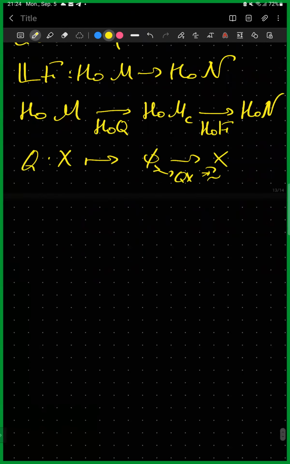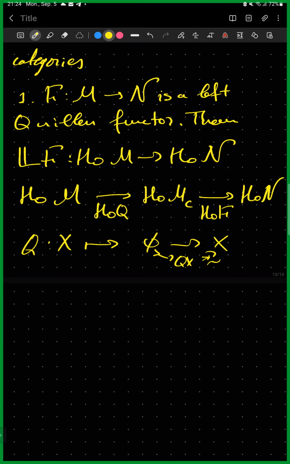It requires some work to see that under the conditions on F, namely that F is a Quillen functor, it in fact descends to a functor from the homotopy category of cofibrant objects to the homotopy category of N. This is something known as Ken Brown's lemma, and maybe next time we will discuss it in detail. But for now, we'll just have to believe that this is the case.